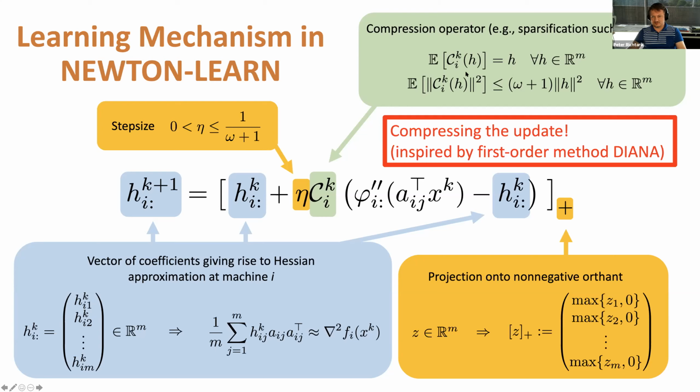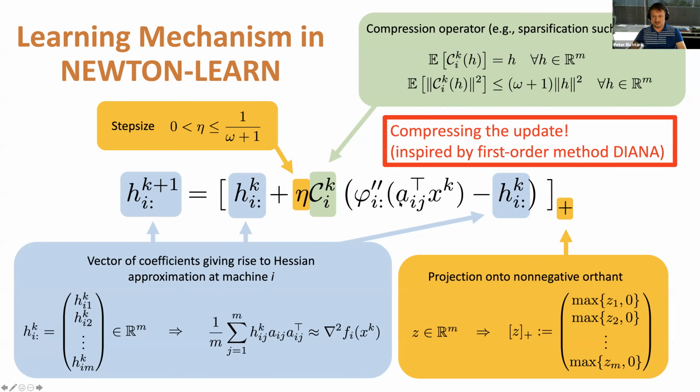It sets everything to 0 except for one entry, and that one entry is simply multiplied by m. And that's it. So it turns a possibly completely dense vector into a vector which is completely sparse except for one random entry. And that one random entry is just scaled up so that this thing is still unbiased. So that's the example to keep in mind. You can forget about all the other examples.